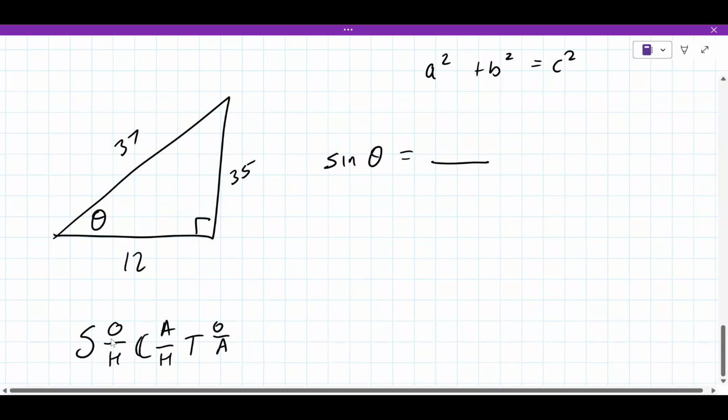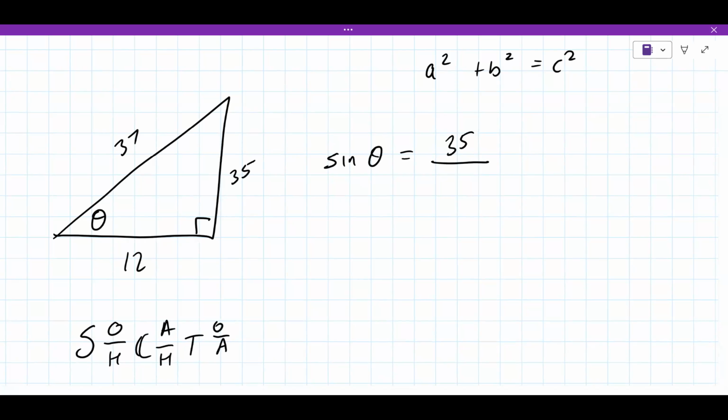I'm asking you for the two sides that are the ratio, the opposite over the hypotenuse. 35 over 37. Good. And let's do the same thing for cosine theta. What would that be? 12 over 37. Good. And then we were given the tangent of theta, which is 35 over 12.